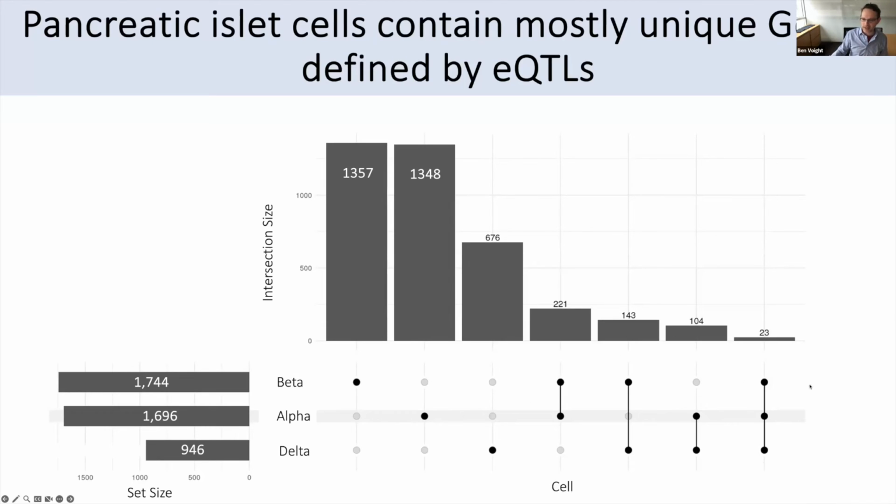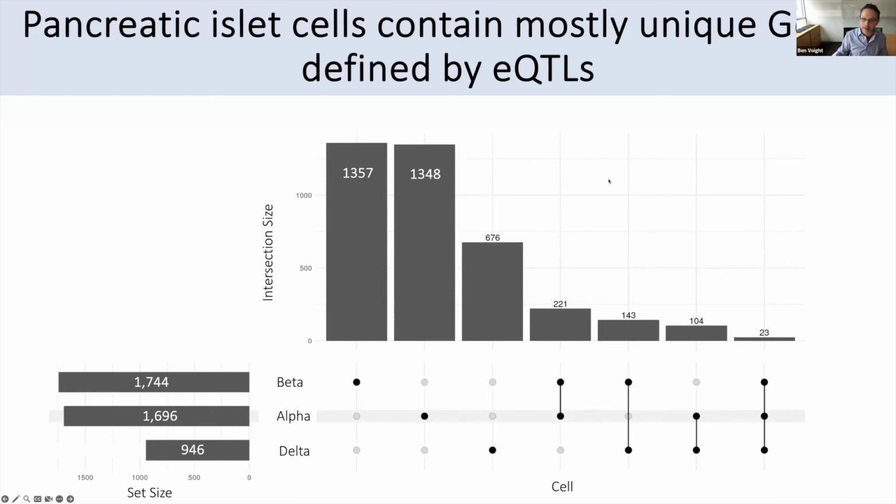But what you can also see here is that there are many cases where there's overlap in those variants, the genes that they alter expression in, and that they implicate more than one cell type. So alpha and beta cells, beta and delta cells, et cetera. So variants don't have to be cell type specific. They can involve change in gene expression in multiple cell types as well.